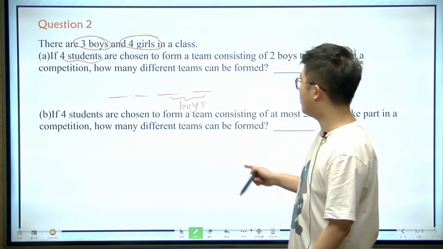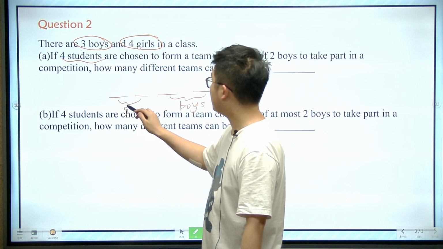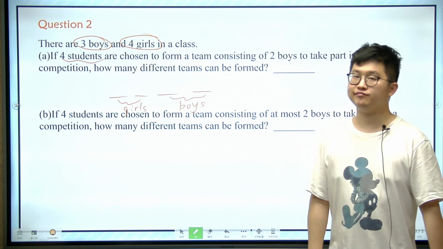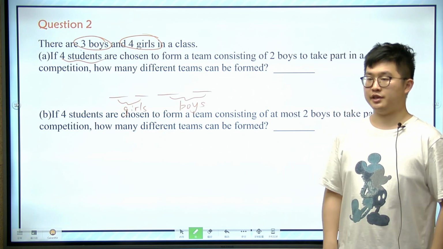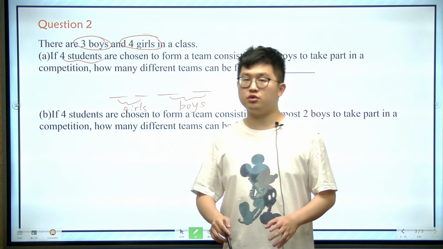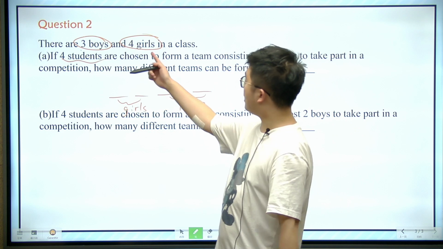So we just need 2 boys, and these 2 obviously are girls, right? Now, how do we do it? If we choose randomly, there are 4 girls.